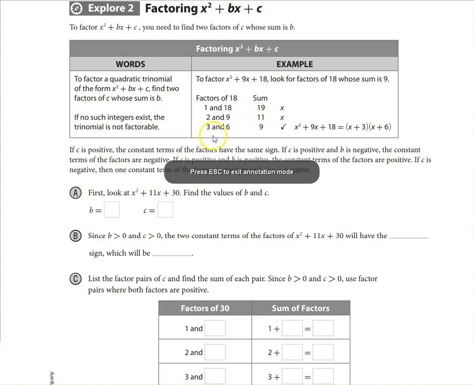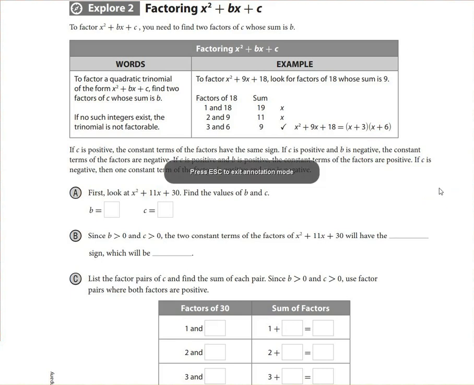And then you got the 3 and the 6. 3 times 6 is 18, so 3 and 6 are factors of 18, and 3 plus 6 is 9. Being that those two numbers multiply to 18 and add to 9, that means that we can factor x squared plus 9x plus 18 into x plus 3 times x plus 6. And in rewriting it that way, we have factored that trinomial.